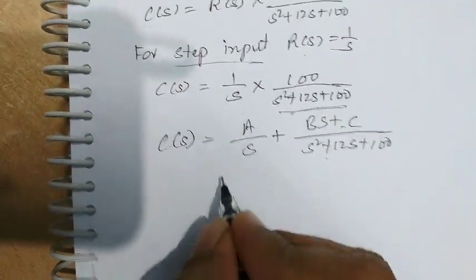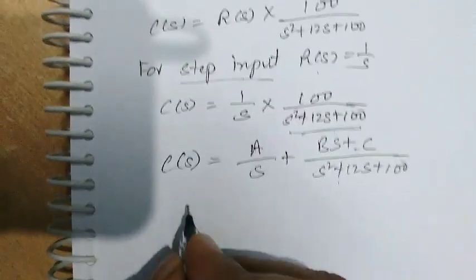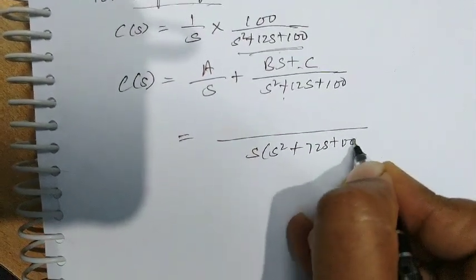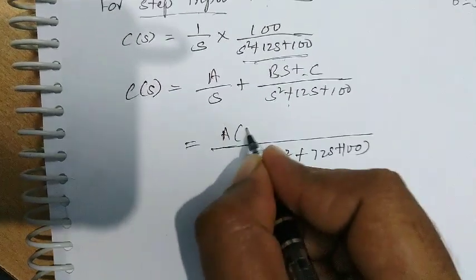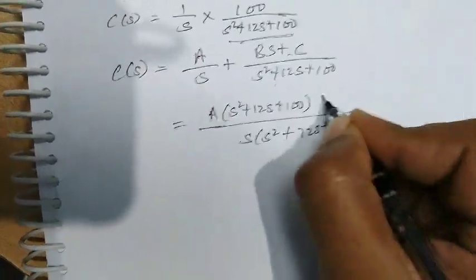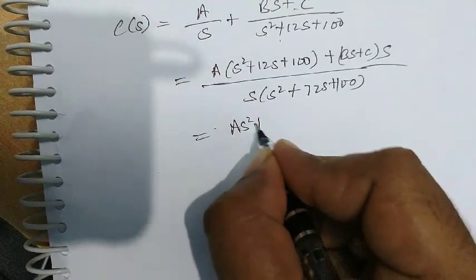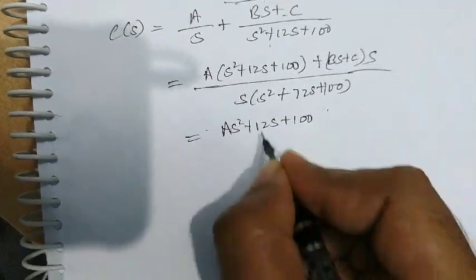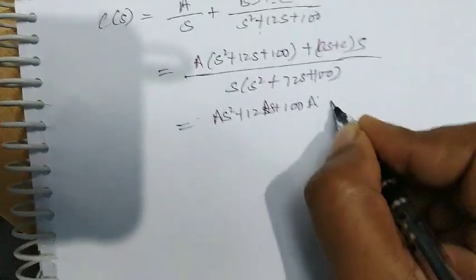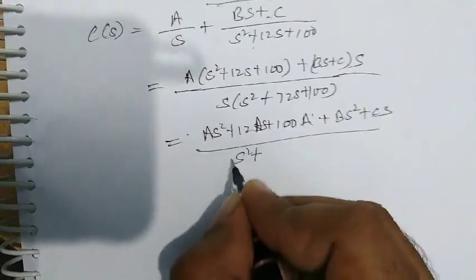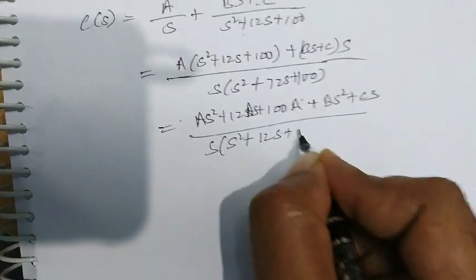From these partial fractions, after equating the common terms, we find the values of A and B. Taking common denominator s into s square plus 12s plus 100, this is A into s square plus 12s plus 100 plus Bs plus C into s, which on simplifying gives As square plus 12As plus 100A plus Bs square plus Cs equals 100.